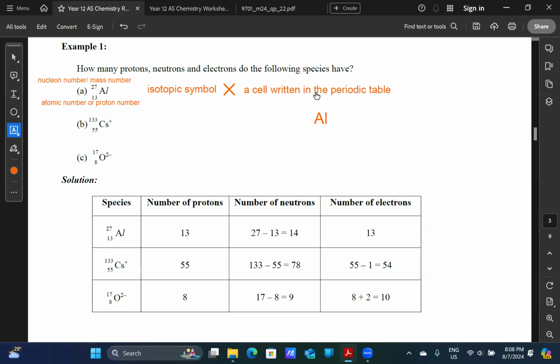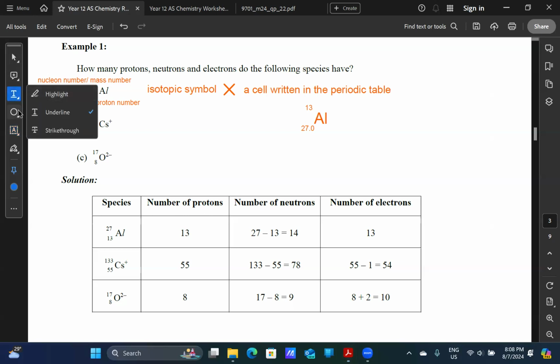For the cells written in the periodic table, the number above it is 13. Then the number below it is 27.0. So what is the meaning of this number 13?